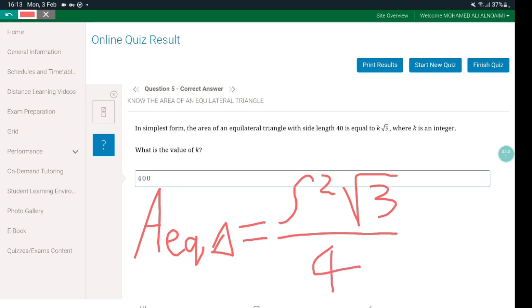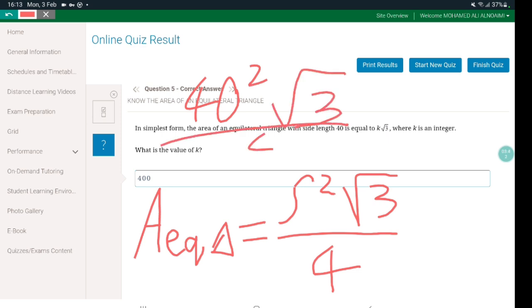That's our rule. They gave us the side that is 40, so 40 squared, square root 3 over 4. And if we solve it, we'll get 400 square root 3, but they just want the k, which is 400.